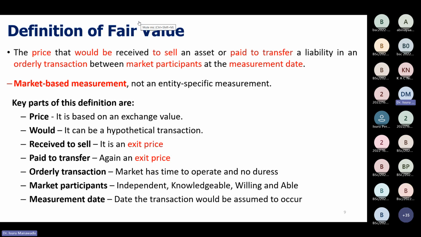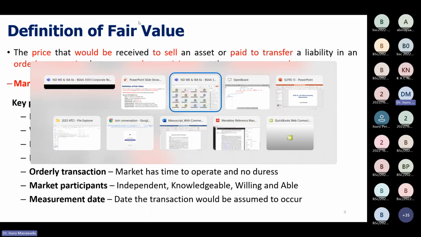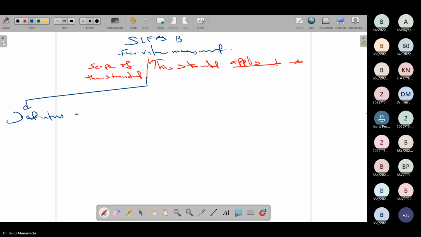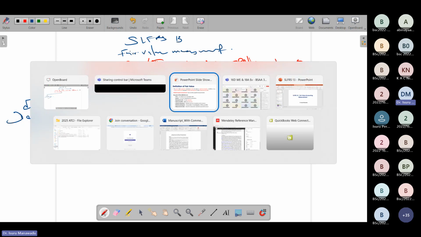I hope you have written this definition in the summary here. So there are unique features in the definition. So we'll take one by one now.